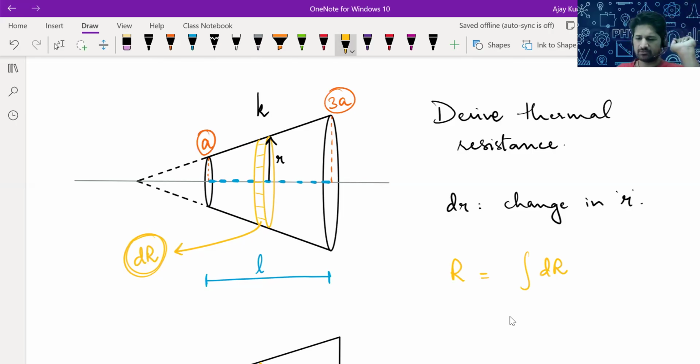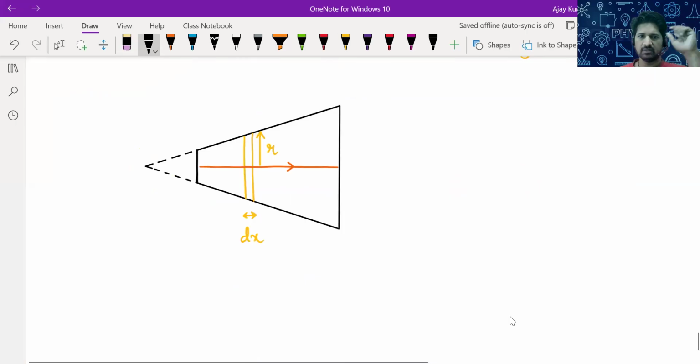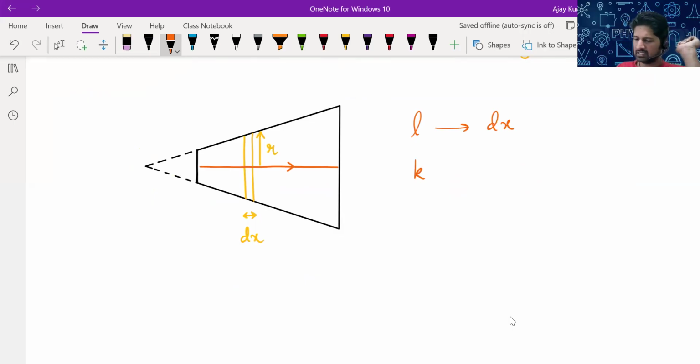Thermal resistance basic formula is L by KA. The distance by which heat flows, that is L. K is conductivity, A is the area of cross section. Now, as heat flows through this disk, the distance by which heat flows is dx. When it goes from one side of the disk to the other side, the small distance it covers is dx. Conductivity K is uniform anyway.